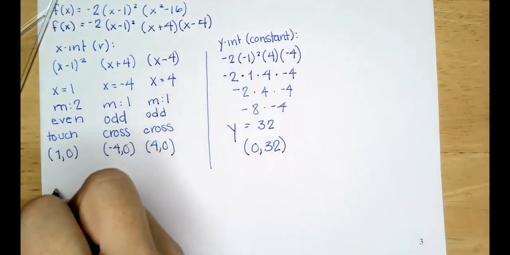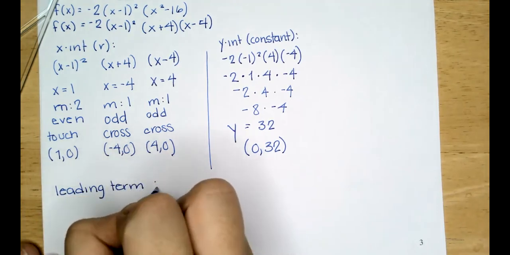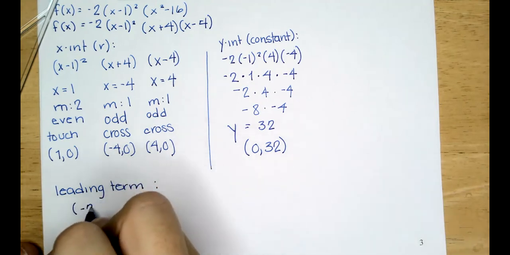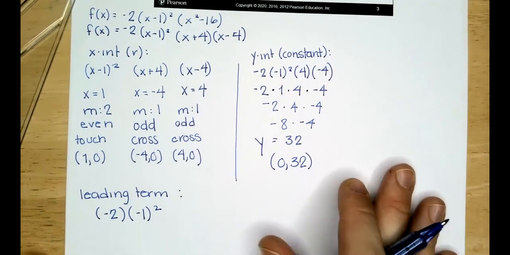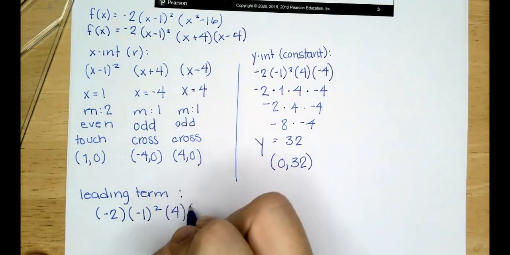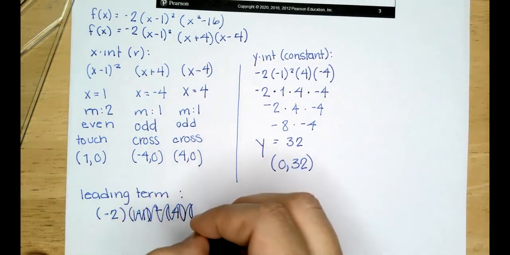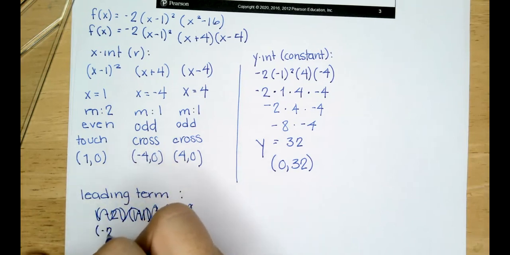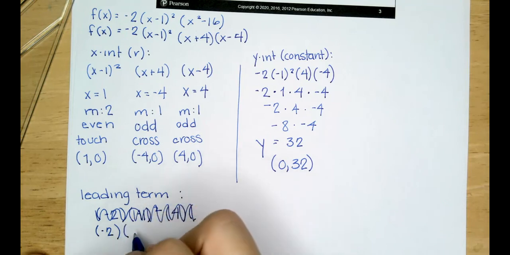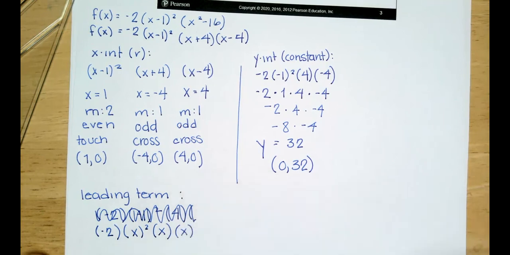And I'll do my leading term. The leading term is -2 times x squared times x times x.